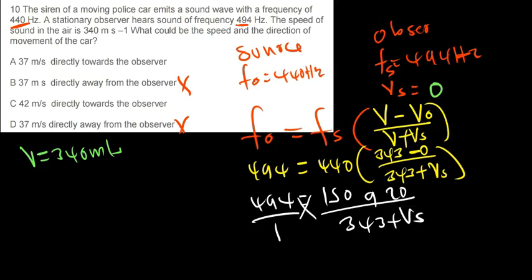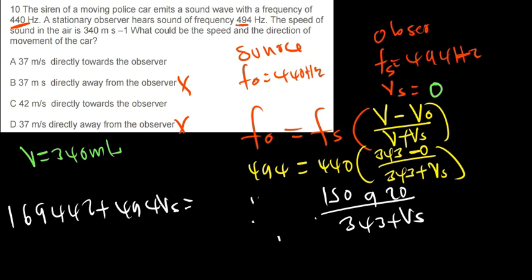So 494 times 343 gives me 169,442, plus 494 times Vs, which is 494 Vs, should be equal to 150,920. Shift this to the other side.